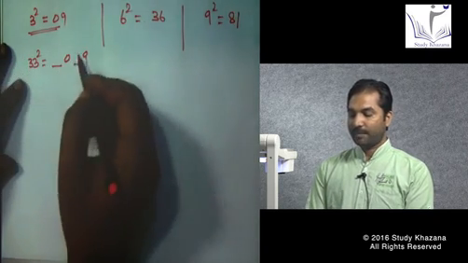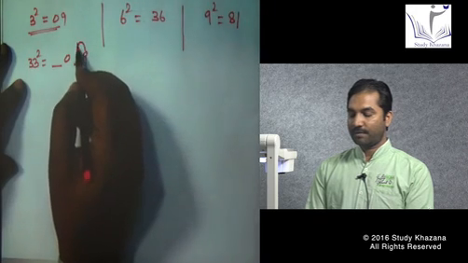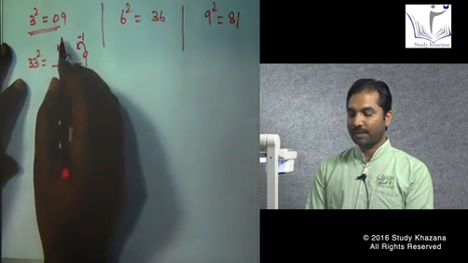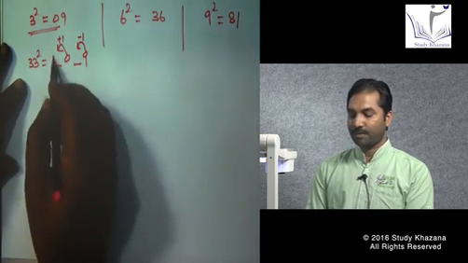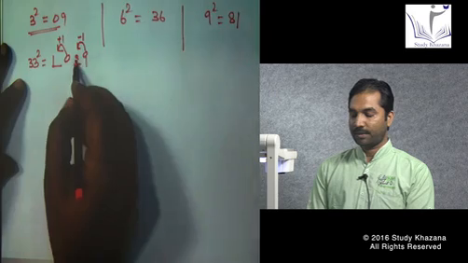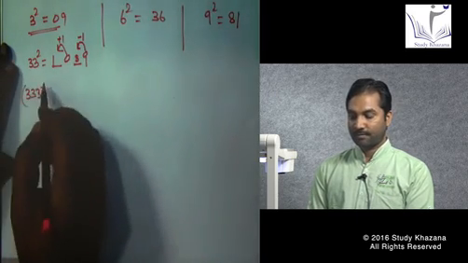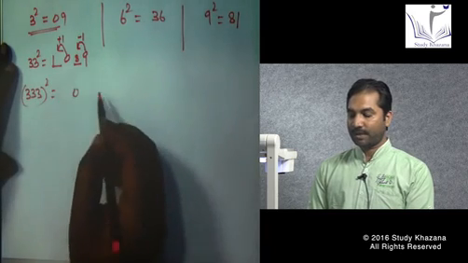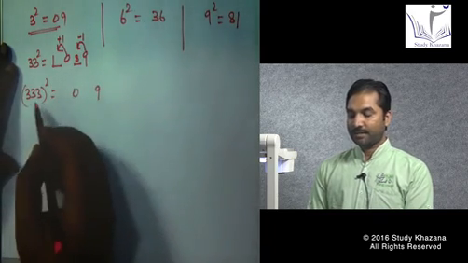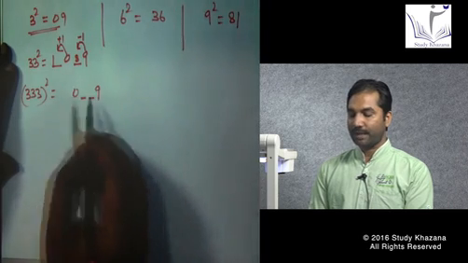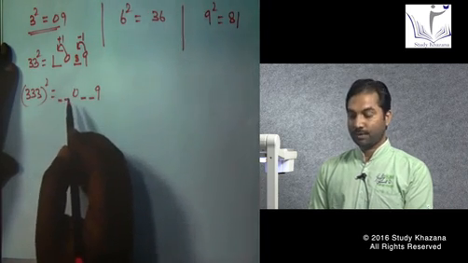And here put 1 less than 9, that is 8, and 1 more than 0, it becomes 1. We have to take 333 square. So first of all write 909, and there are 3 threes, so we place 2 figures between 0 and 9 and 2 figures before 0.